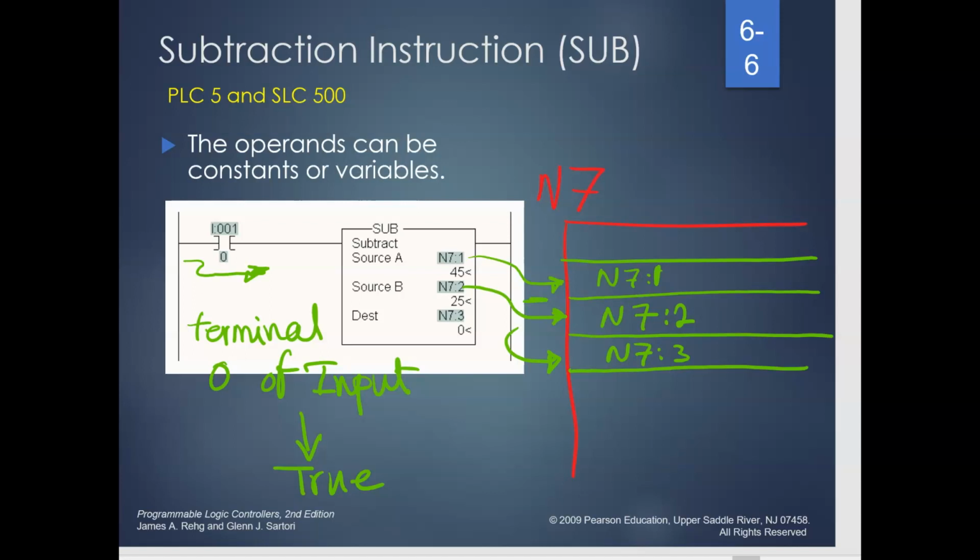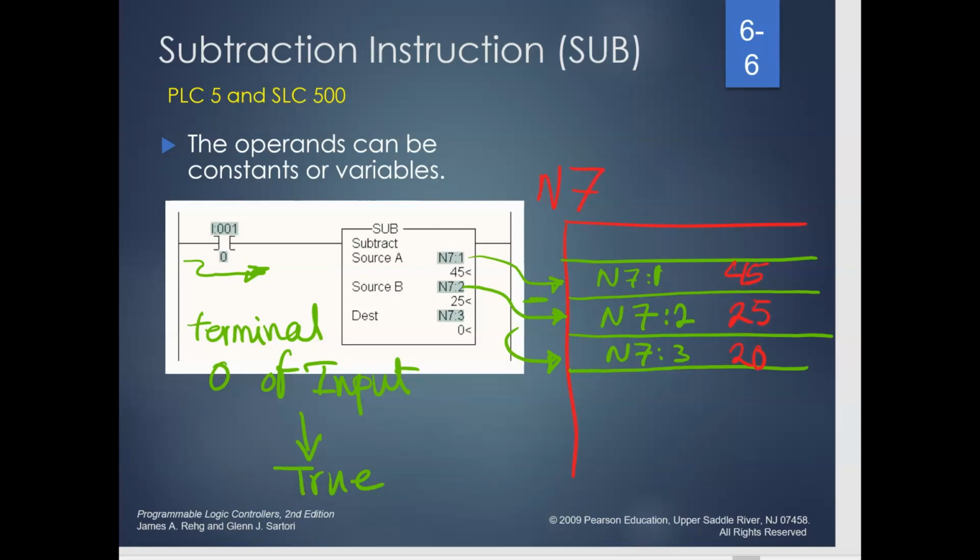For example, if you have 25 in your N7:2 and 45 here, after having a true statement here, what you will have in N7:3 will be 20. So source B will be subtracted from source A.